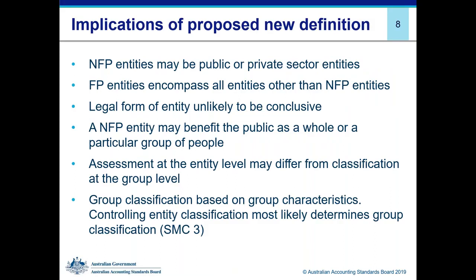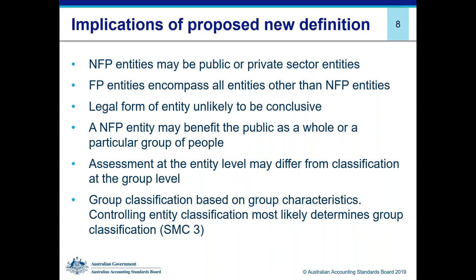Some of the implications of this definition. Not-for-profit entities may be public or private sector entities. And conversely, for-profit entities may be public or private sector entities. The definition is written in a way that if you fall outside that definition of not-for-profit entities, then you would be a for-profit entity.